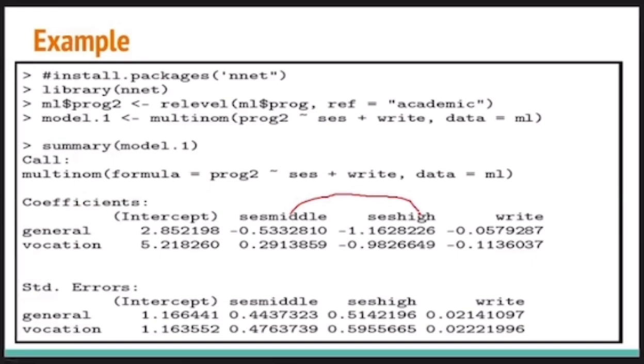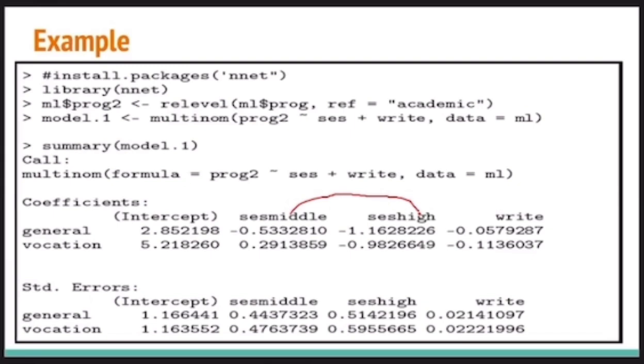R has automatically referenced the low. Don't forget, in the explanatory variables, socioeconomic class is categorical. R will decide on the one to reference, but you will be the one to decide on the reference when it comes to Y. Does that make sense?